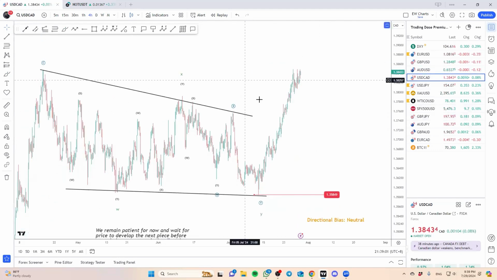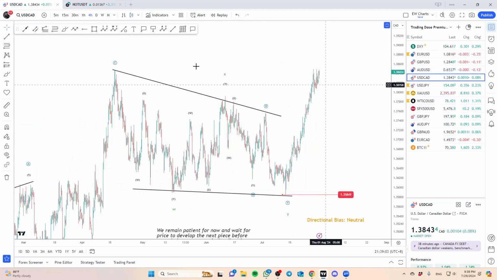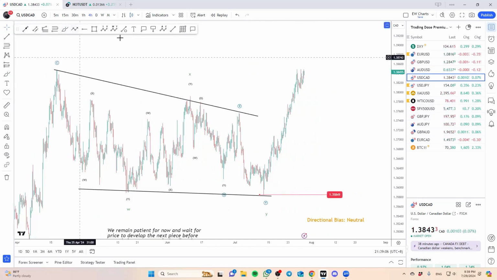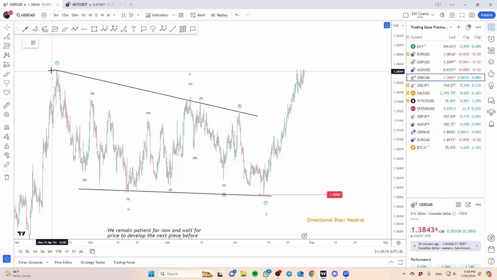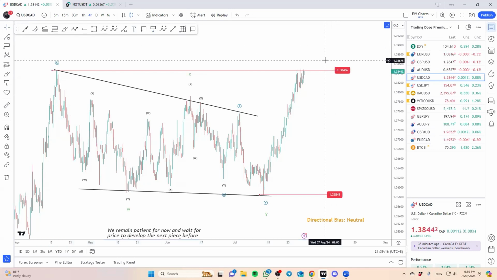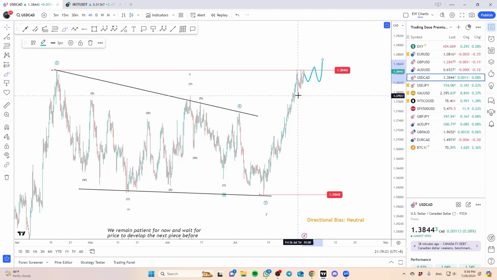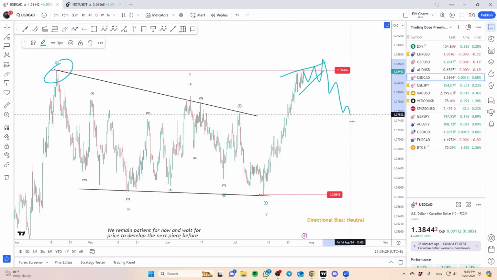Dollar Canadian, a pretty impulsive break here as well. With the market currently testing this high, I would remain neutral for now. I really just want to see how the market is going to react off certain key areas. One or two things are likely going to happen. If this is going to continue to crawl here, where the previous high is, I'll be very much interested to see if we can sell it down.